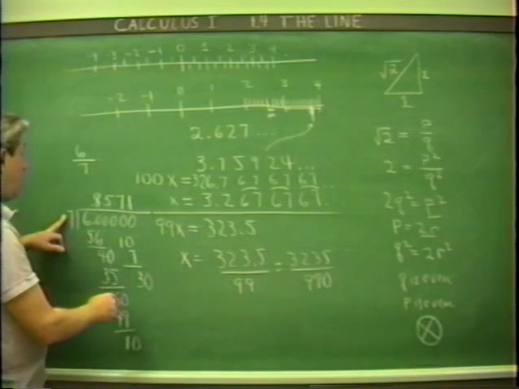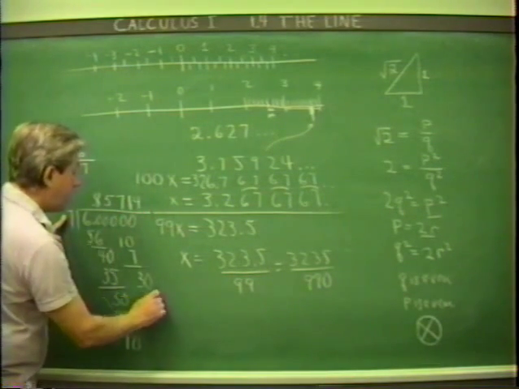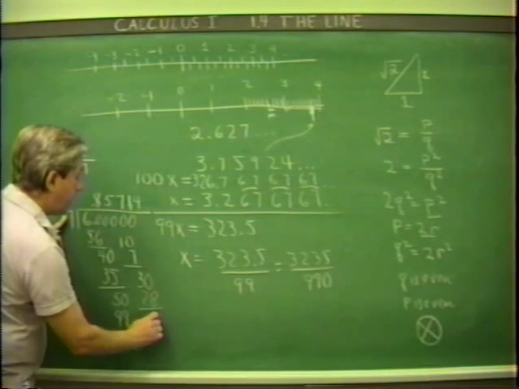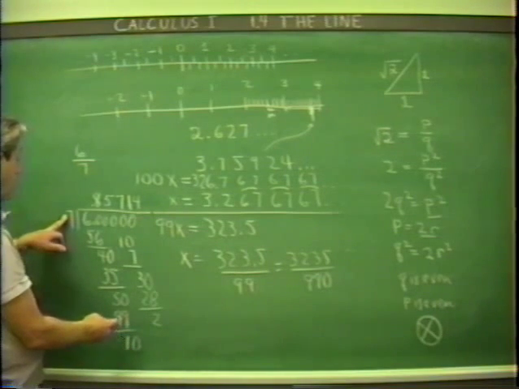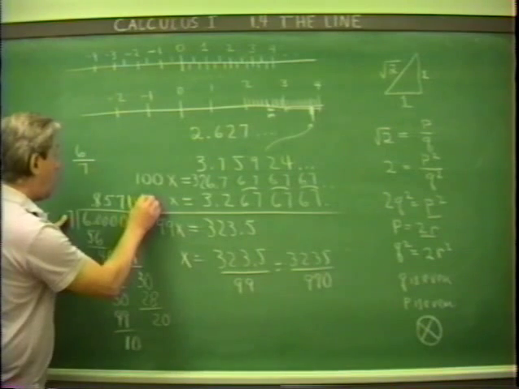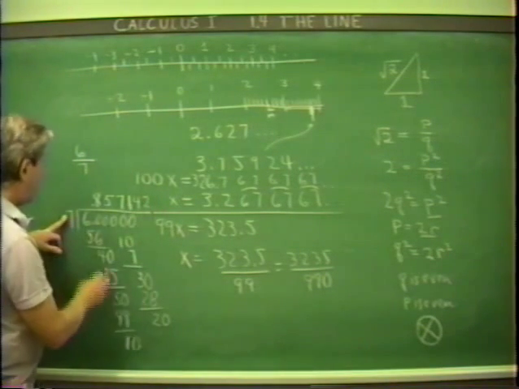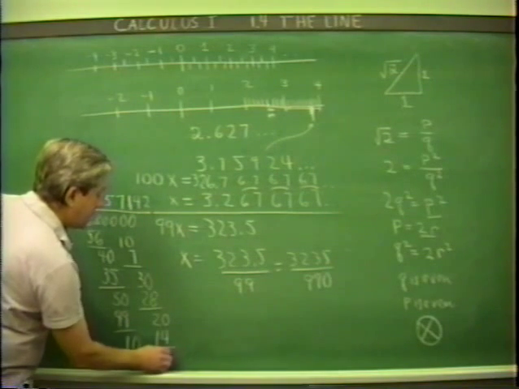7 into 30 is 4. 4 times 7 is 28. Subtracting we get 2. 7 into 20 is 2. 2 times 7 is 14.